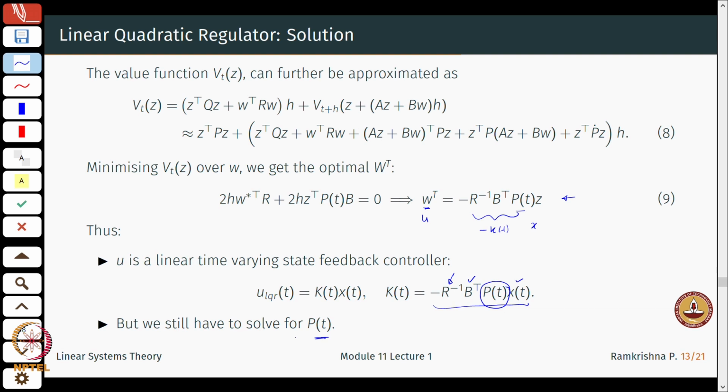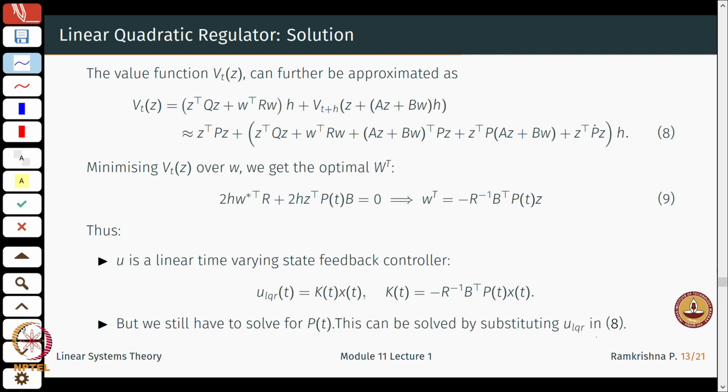Now, how does this look? Well, this can be solved by substituting for this. The u which was K x(t), or w which was K times z, I can put it back here. I will skip the computations, but what does that give me?